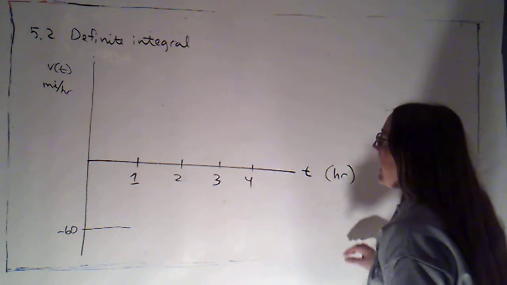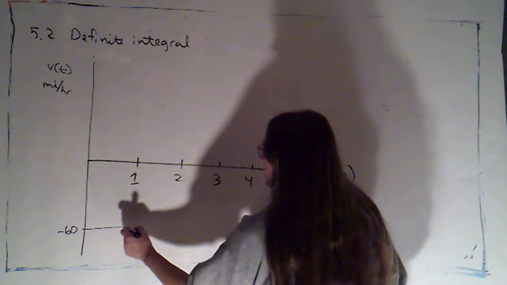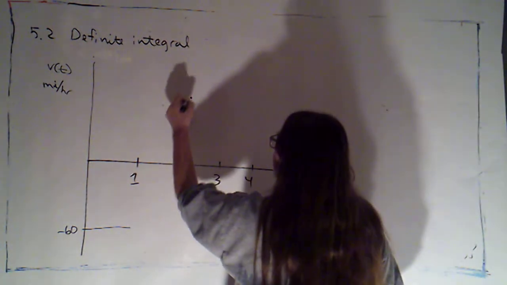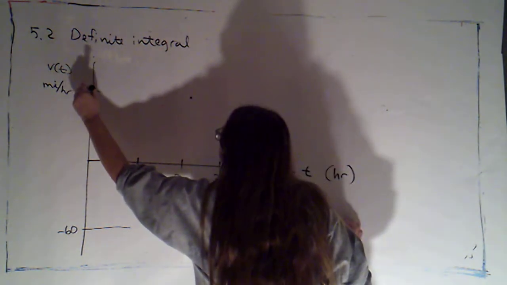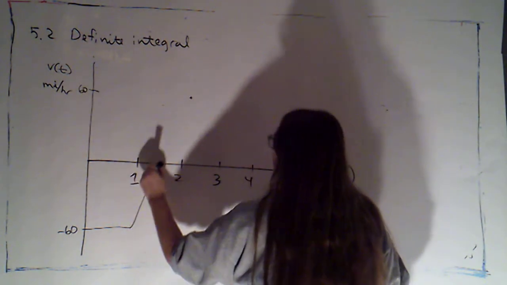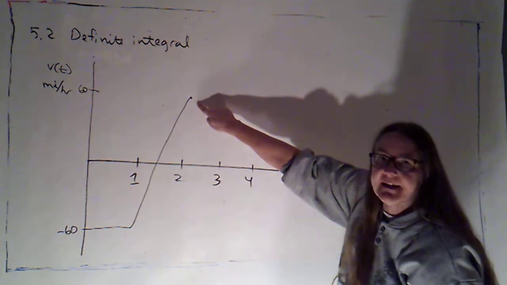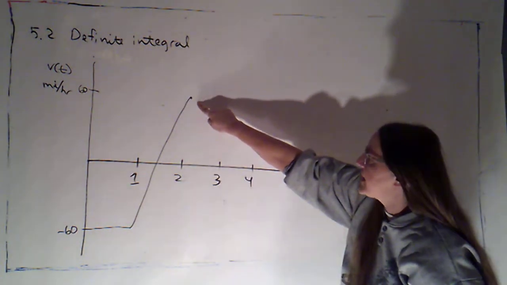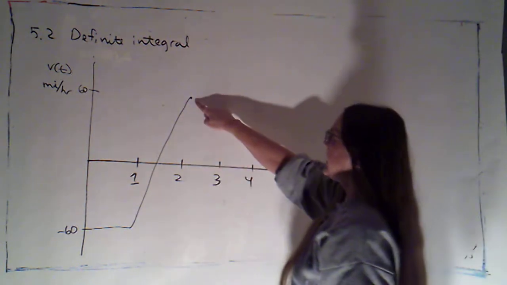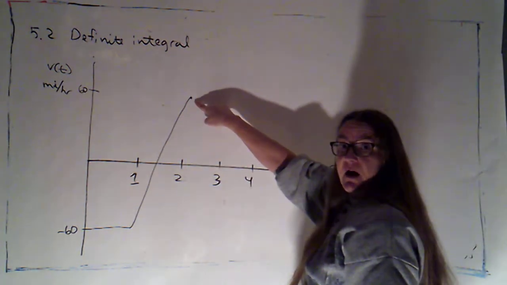And then maybe over the next hour, we change things around and our velocity changes. I'm going to have it change in a linear manner, so that this is a nice straight line here until we hit positive 60 miles per hour.